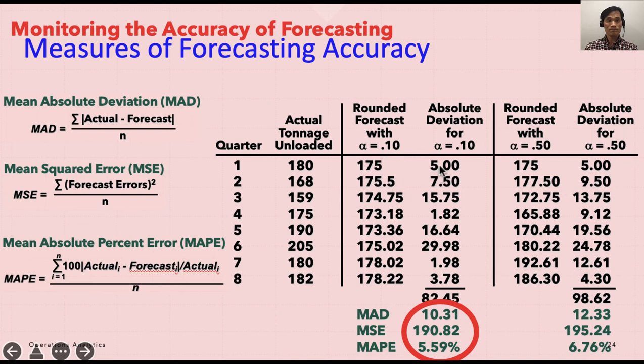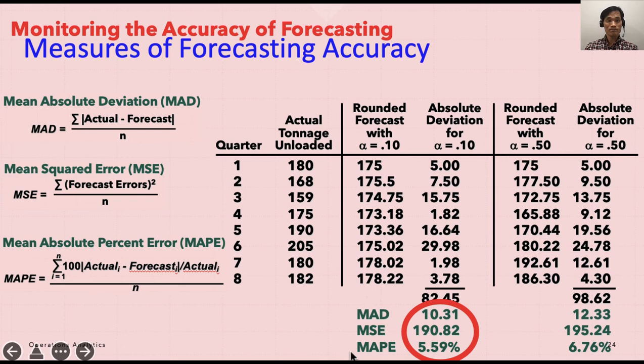So you have different forecast errors, absolute values of them, for models A and B, and you add them up, right? So 82.45, so you can tell that this is lower than this. So MAD 10.31, 12.33, 190.82, 195, 2.24, and 5.59% of error and 6.76% of error.